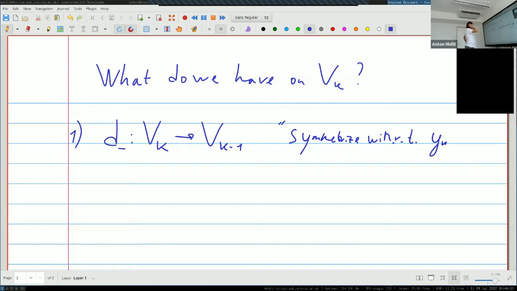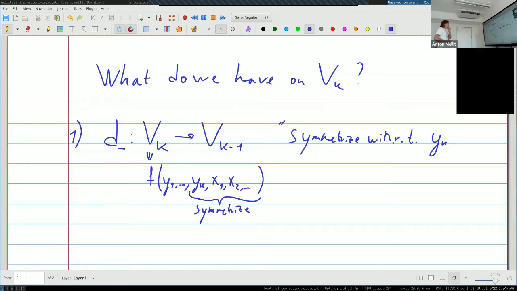In other words, if you have f, it depends on variables y1, up to yk, and then x1 and x2, and so on. It's already symmetric in the x's, but now you want it to be also symmetric in the y's. So symmetrize in one y, the last one.